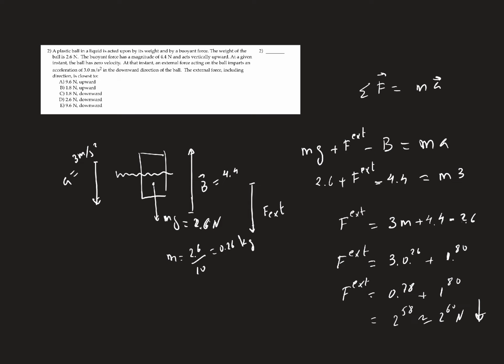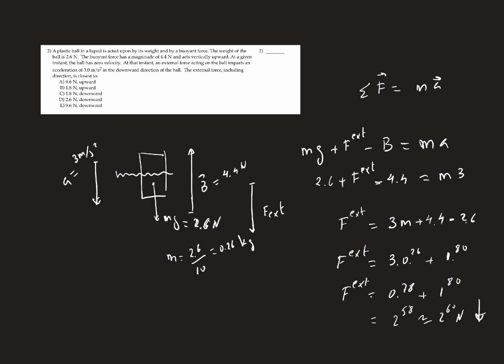There is a force going up. This is the buoyancy. And it says that the magnitude is 4.4 newtons. It says that the weight is 2.6. So on the body, I have 2.6 going downwards. I have 4.4 going upwards.